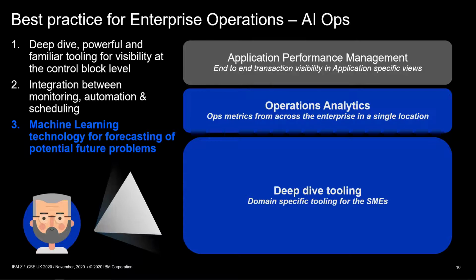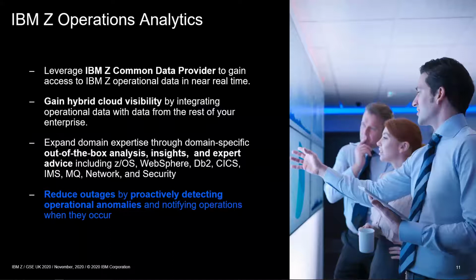And this is really done based on analyzing historical data and trying to relate what's going on in the environment now to what is normal for those systems. So this is really coming from our IBM Z Operations Analytics solution.